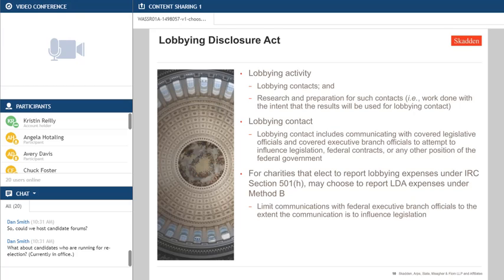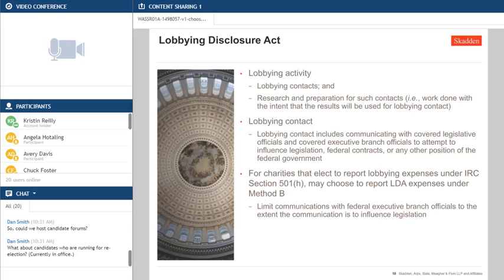Now, this final bullet: for charities that elect to report lobbying expenses under 501H, if you've got that 501H election, you get to use what they call Method B for lobbying registration and reporting purposes.